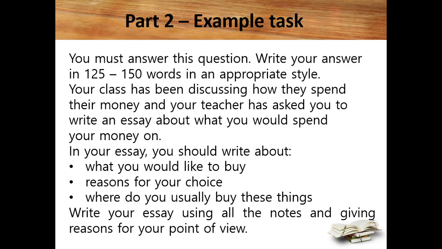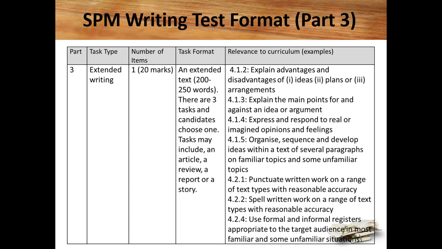All right, we move on to the final part, which is part 3. The task type is called extended writing. Remember, first we had informal, then formal, and now extended writing.